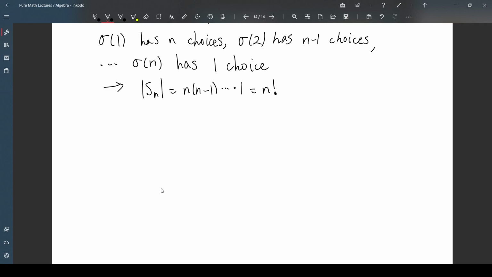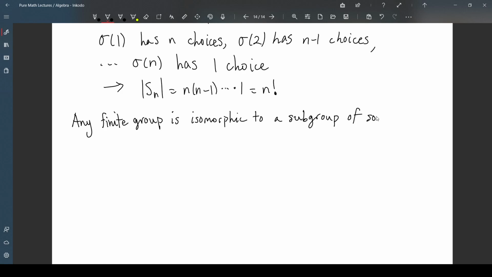There's a theorem, I'm forgetting the name, that states any finite group is isomorphic to a subgroup of some S sub n. So why is that?